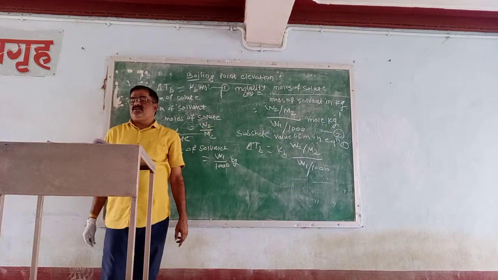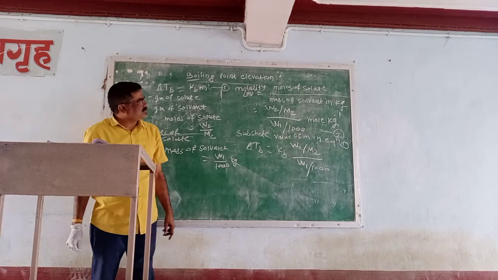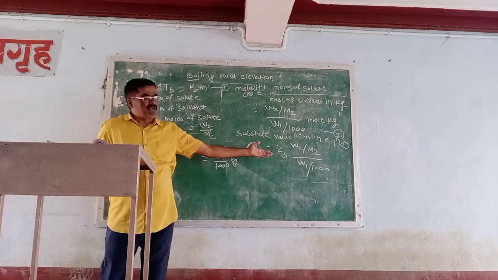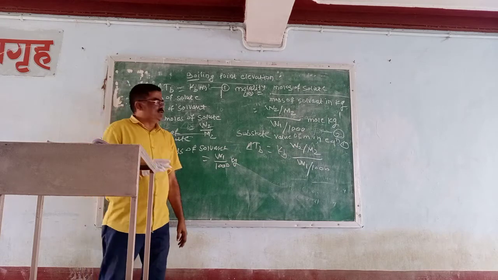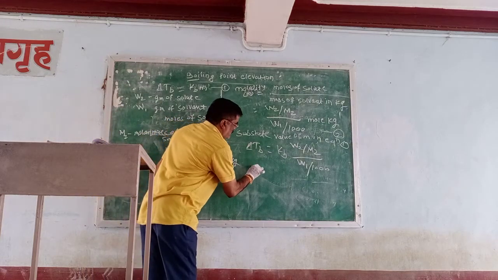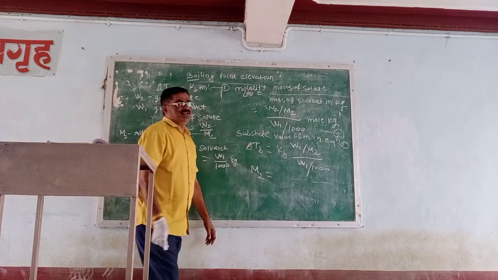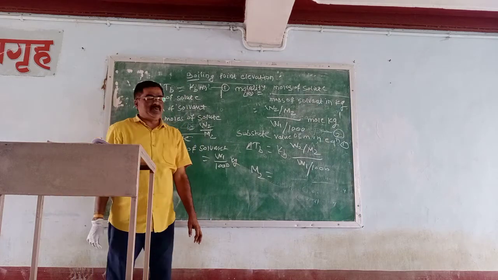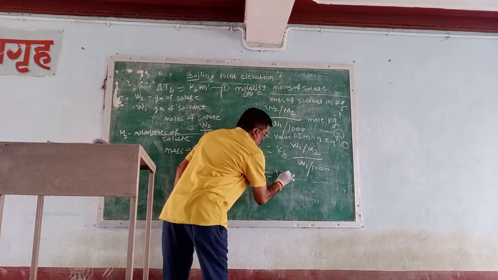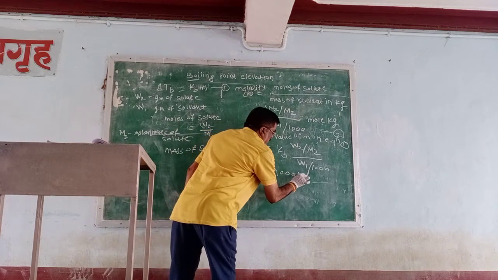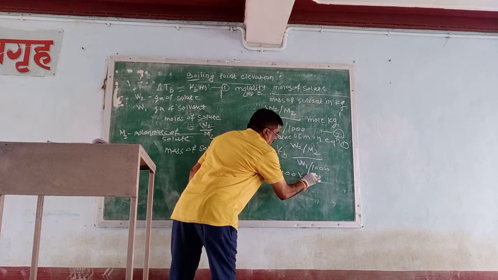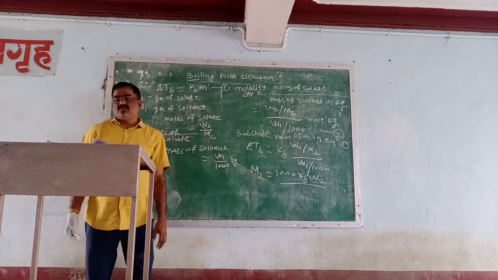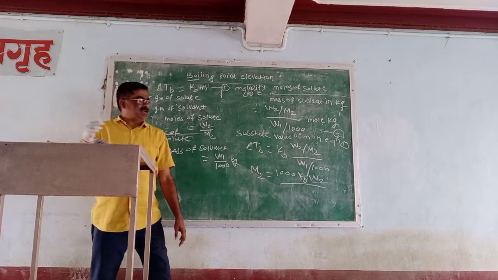Then by rearranging this equation, M2 is equal to 1000 Kb W2 divided by W1 delta Tb.